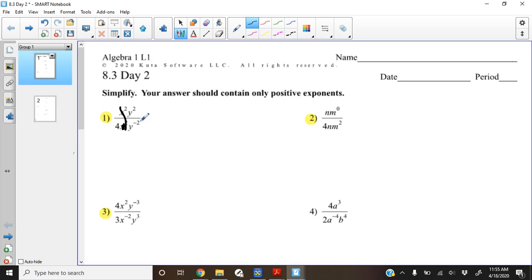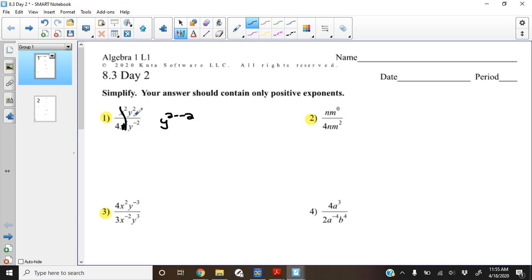Well, when you're dividing, what do you do to your exponents? You subtract them. So y to the second minus y to the negative 2. So that's going to be y to the second minus negative 2. You keep your base, you subtract your exponents.